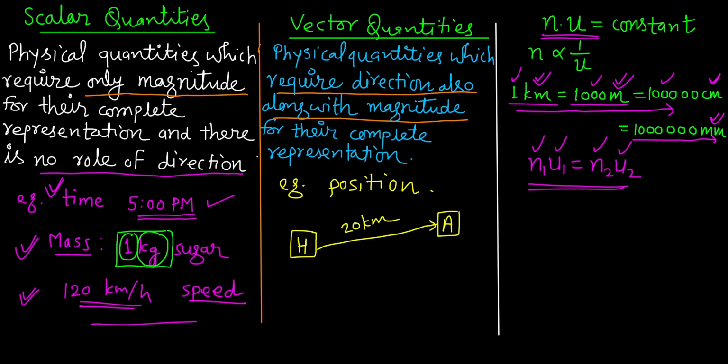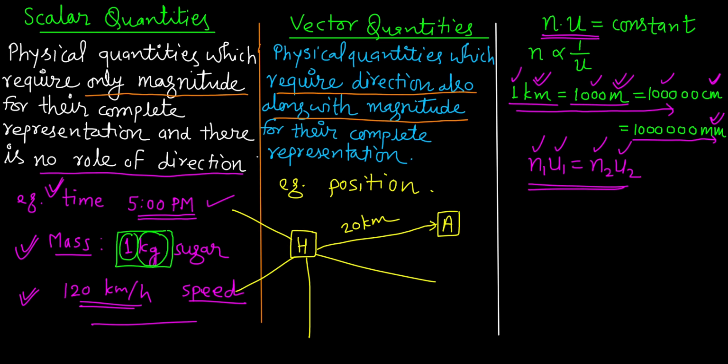If you tell that person to go 20 kilometers from your home and he will reach the airport, that's not possible, because he can go in infinite directions, and he will never reach the airport.